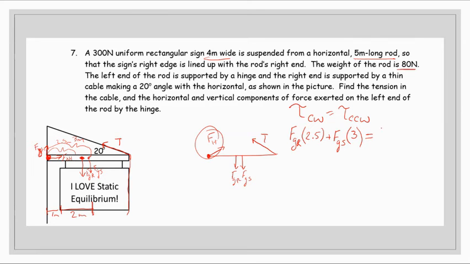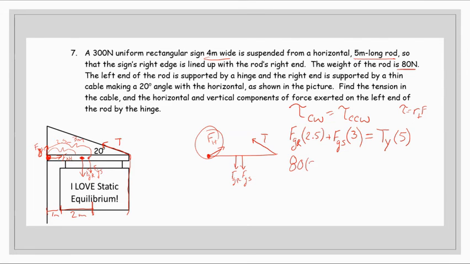But the tension force that we're looking at for our torque is only our tension in our y direction, times our 5 meters. The reason it's only the tension in the y direction is because, remember, torque is equal to the perpendicular radius times the force. So the force of gravity for my rod is 80.